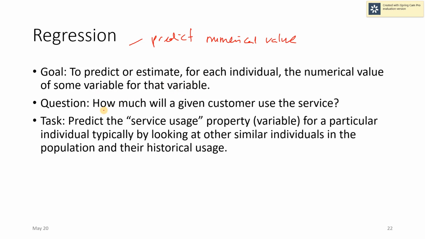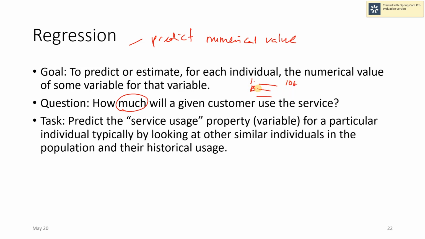So for example, you have a question here: how much will a given customer use the service? Okay, berapa banyak yang dia nak pakai untuk servis tu? For example, dia boleh guna data ke, for example, kita nak tengok berapa gig data untuk each customer akan guna. For customer A, dia mungkin guna 10 gig.